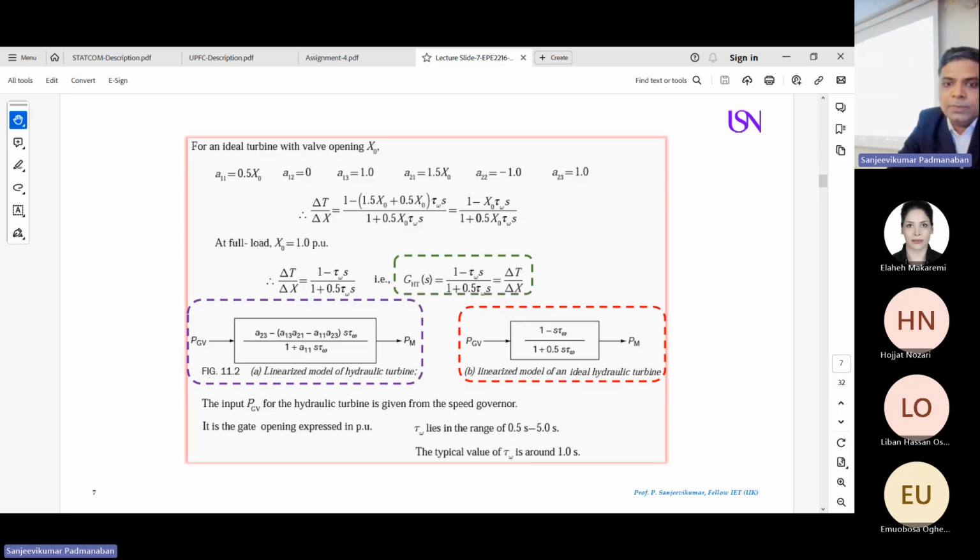You insert the values and introduce a typical value of 1 second. Then the model is readily available with you, and this model will behave like the real hydropower plant. You don't want to test it in real time. This is called dynamic modeling. Is it clear to you? And this is ideal modeling.